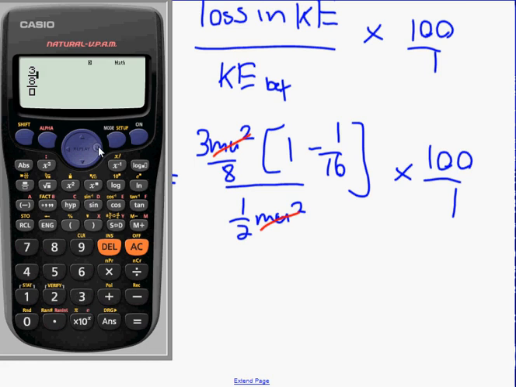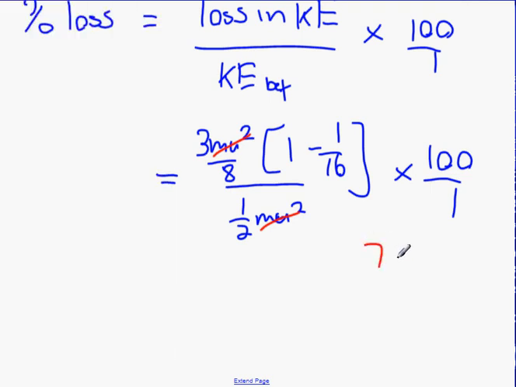Then you go to the right, open bracket, 1 minus 1 over 16, close bracket, all over a half. And then we're going to have here 45 over 64, multiply that by 100 over 1, or just simply 100. The percentage we're looking at is 70.31, round down to 70%.